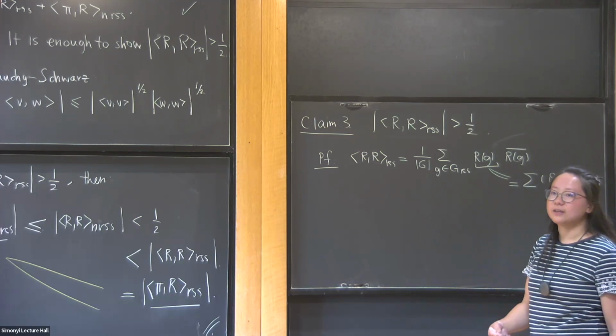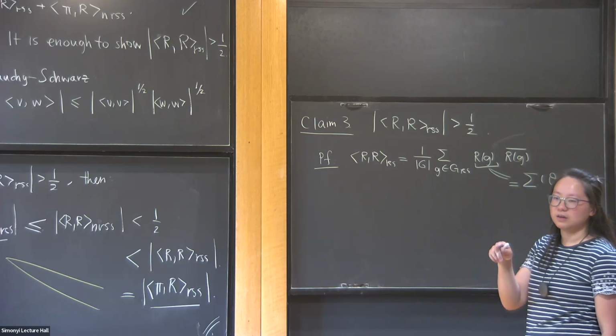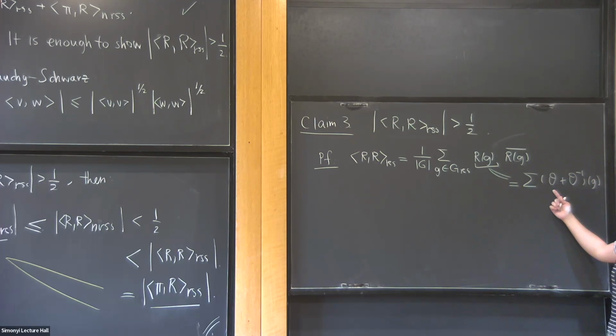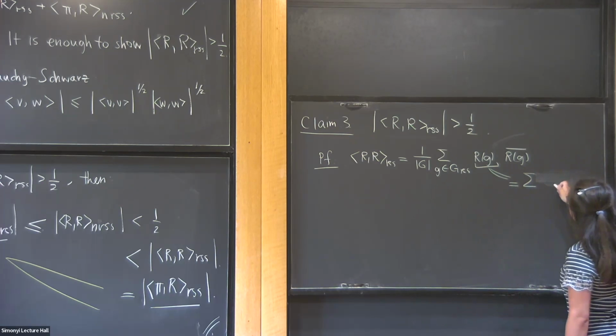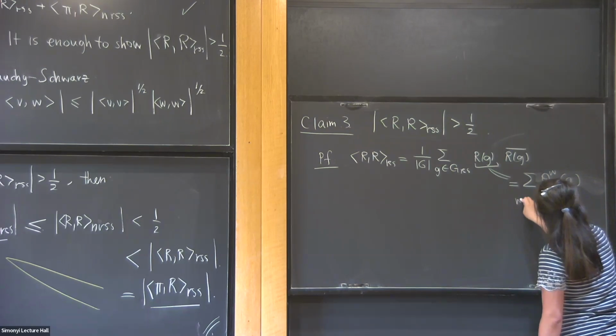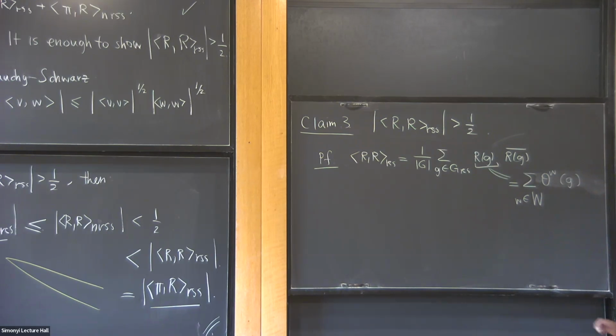The Weil group for SL2 is just plus minus 1, so it's Z mod 2. That acts on these characters and sends theta to theta inverse. So this expression could alternatively be expressed as the sum of theta of W of G, as W varies over elements inside the Weil group.